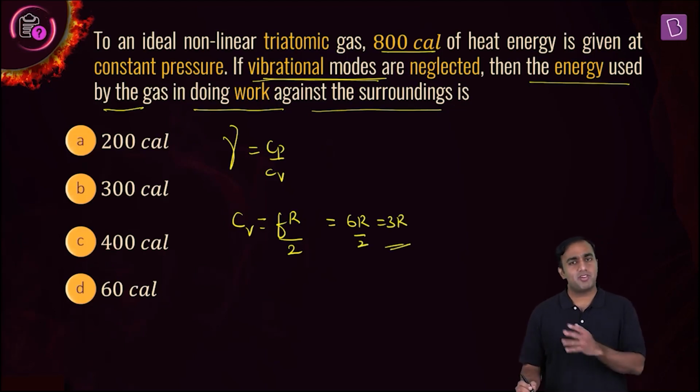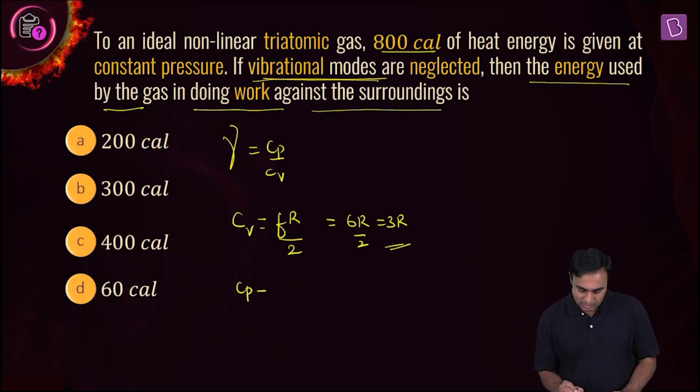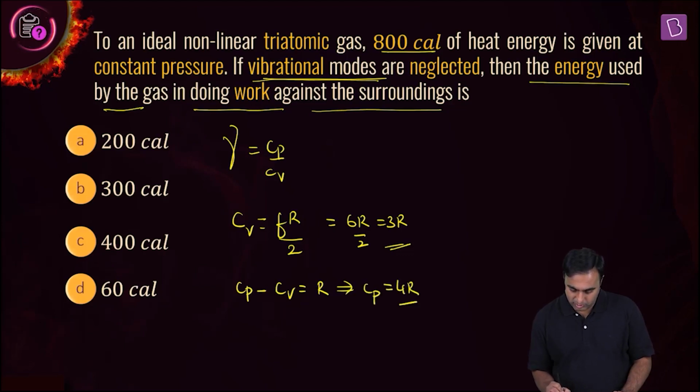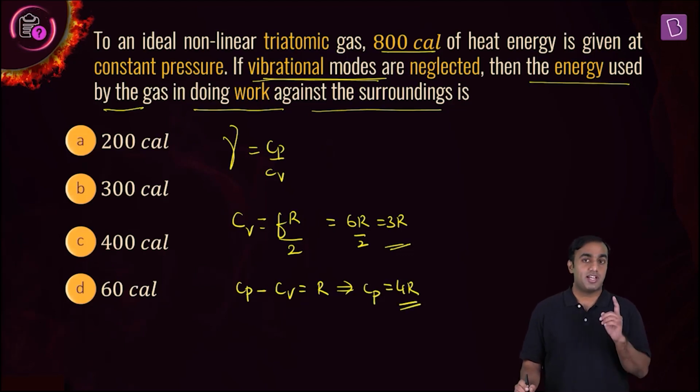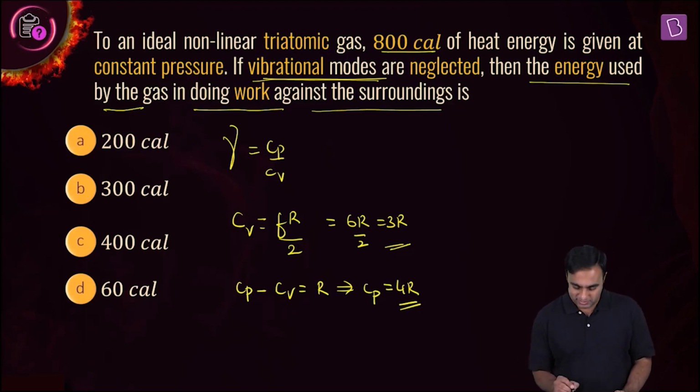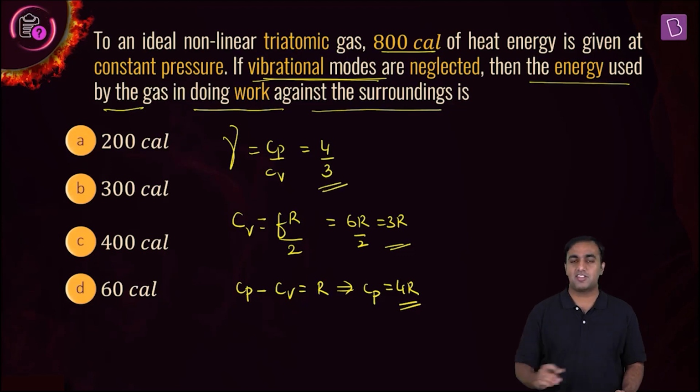How do you get Cp from here? Use Mayer's equation: Cp minus Cv equals R. In other words, you have Cp coming out to be 4R. So the adiabatic exponent turns out to be 4 by 3 in this case.